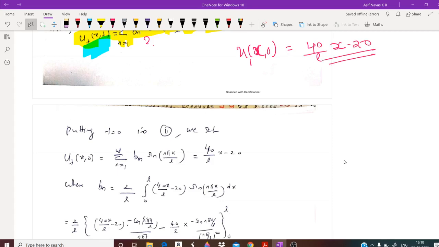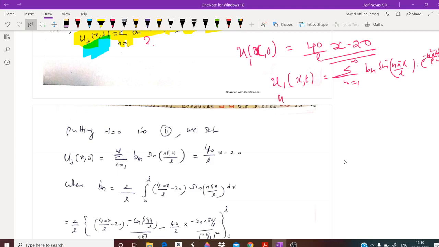Now we will apply this. We have u1 of x t equal to sigma n equal to 1 to infinity Bn sin n pi x by L into e raised to minus n square pi square t divided by L square.